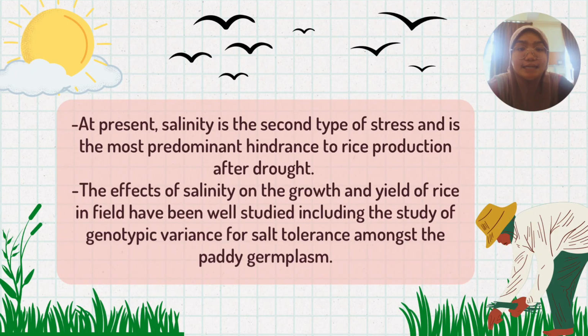At present, salinity is the second most predominant hindrance to rice production after drought. The effects of salinity on the growth and yield of rice in the field have been well studied, including the study of genotypic variants for salt tolerance among the paddy germplasm.